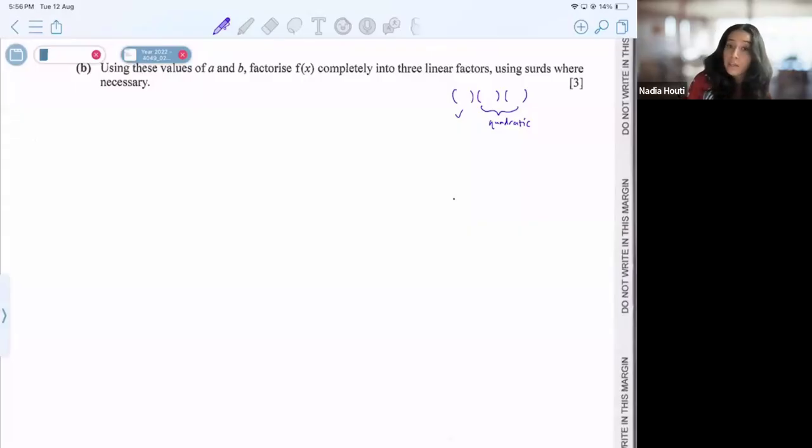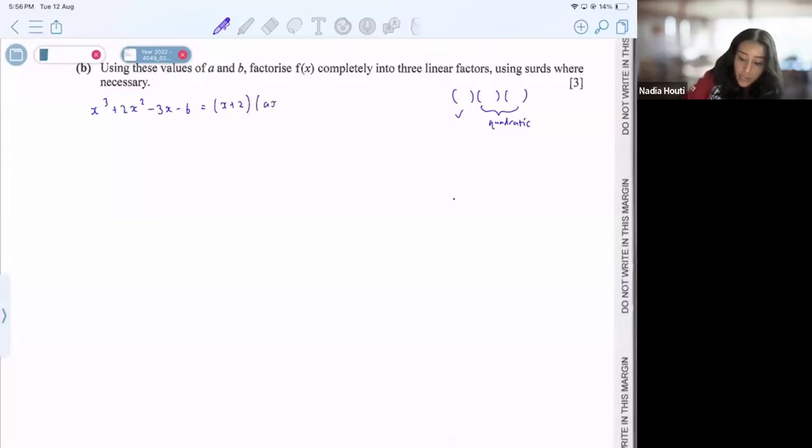We already know one linear factor because the question already told us that x plus 2 is a factor of the polynomial. So we know that x cubed plus 2x squared minus 3x minus 6, which is the polynomial they gave us, is equal to x plus 2 times some quadratic that we don't know yet.